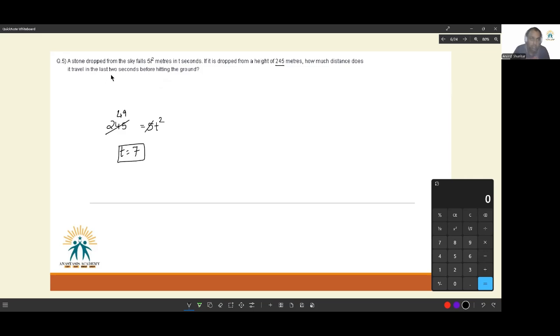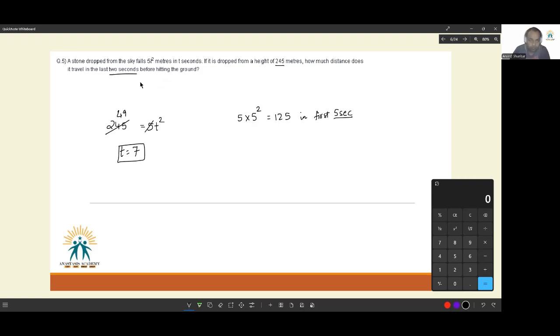So how much has it traveled in the last 2 seconds? Whatever it has traveled in the first 5 seconds, I'll remove. How much has it traveled? 5 into 5 square, 125. This was traveled in the first 5 seconds.